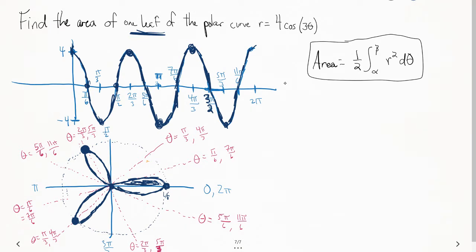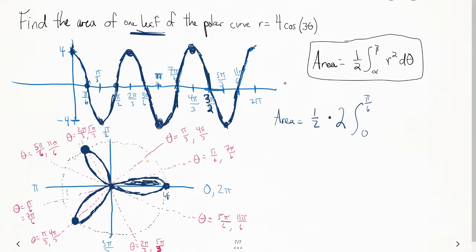So what we can do is take the area of the one leaf to be 1/2 times 2, because we're doubling this value, from 0 to pi over 6. Now, it didn't have to be pi over 6. We had other options, right? You could have done pi over 6, for example, to pi over 2. That would also do it. So you actually have all sorts of options as long as the fan blade's continuous.